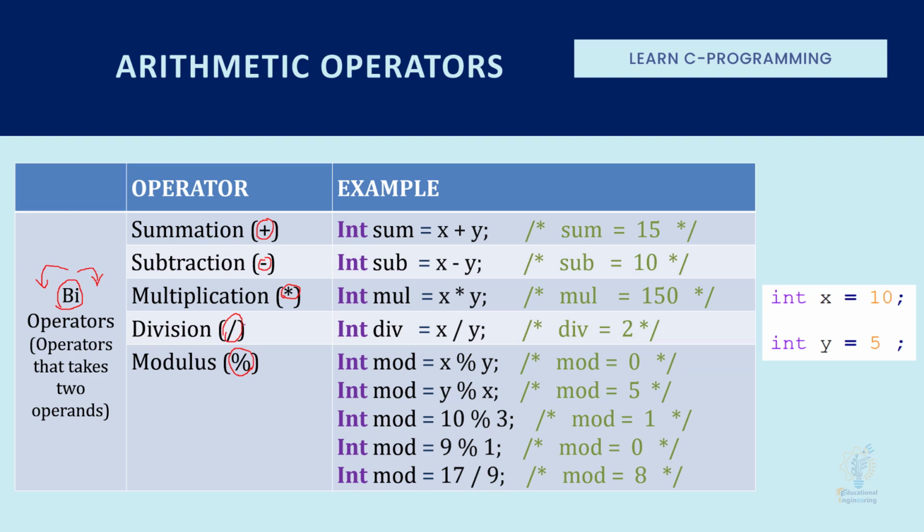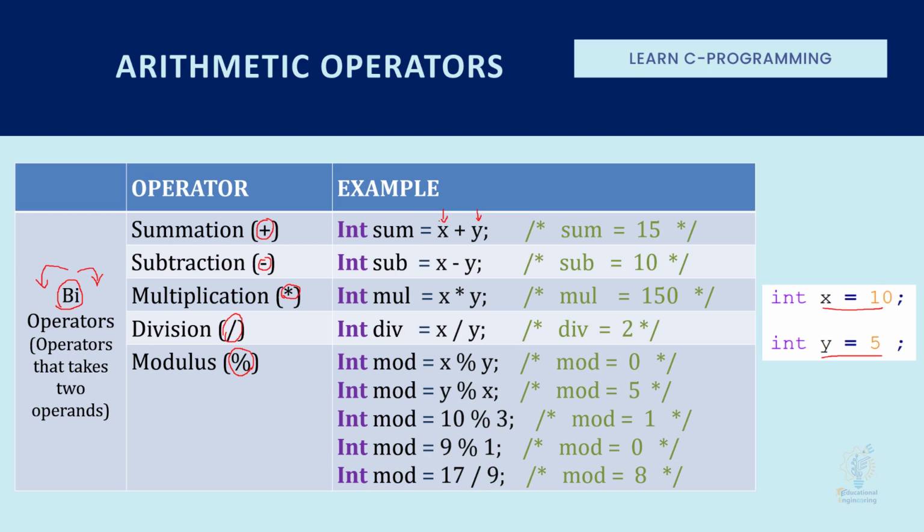Now let's talk about each of them. The summation is basically used to sum two operands. This is the first operand and this is the second operand. Now here we have x equals 10 and y equals 5. So x plus y is a summation operation because we are using the arithmetic operator, the plus.